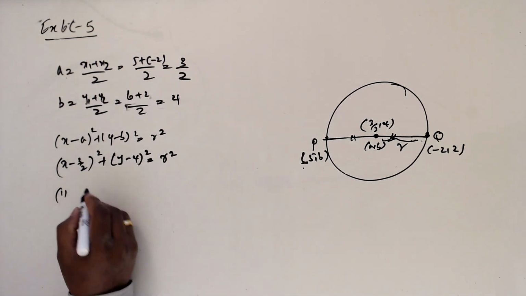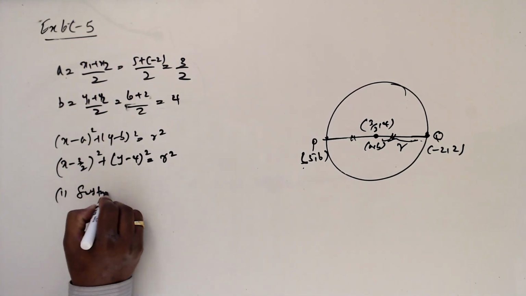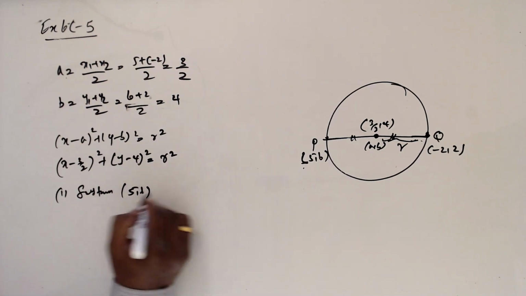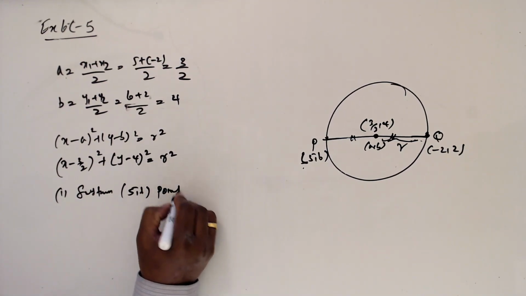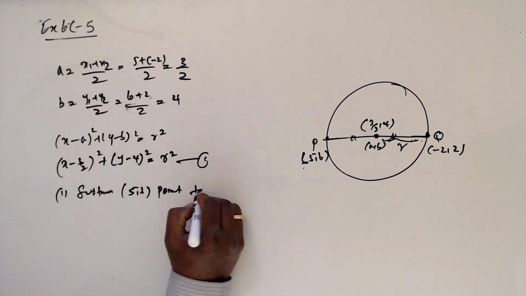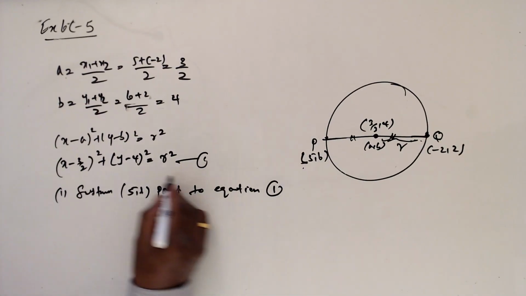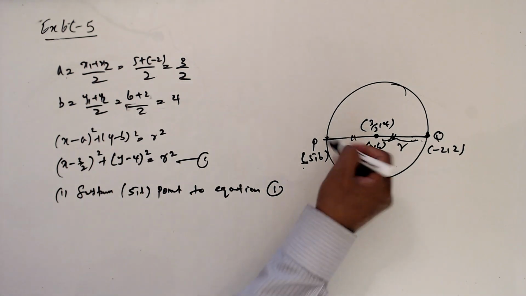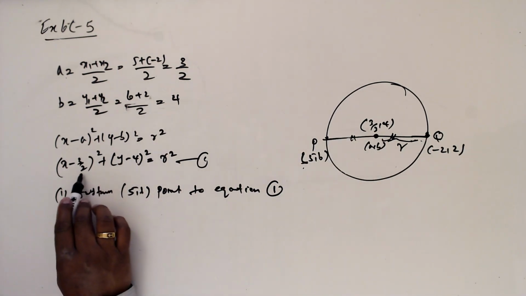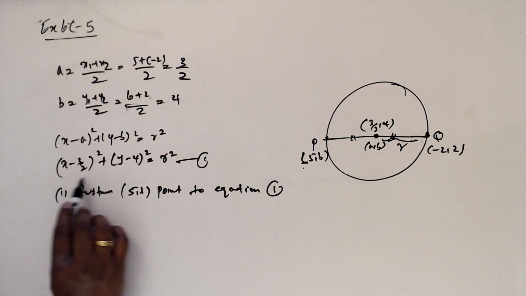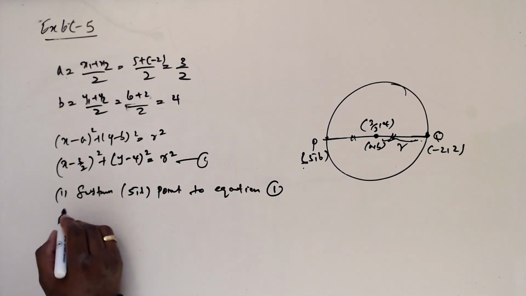The first method is substitute the 5, 6 point into equation 1. Because 5, 6 is on the circle, it should satisfy this equation, and we can find r. That is the first method.